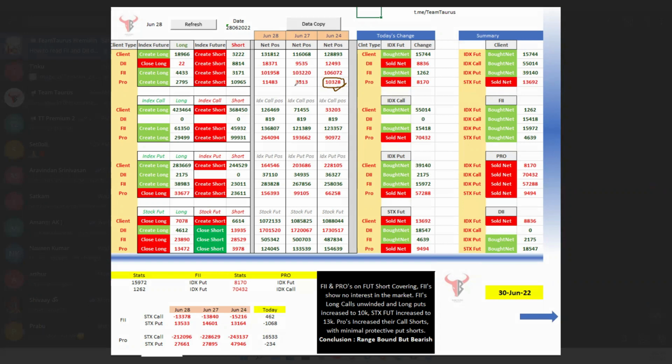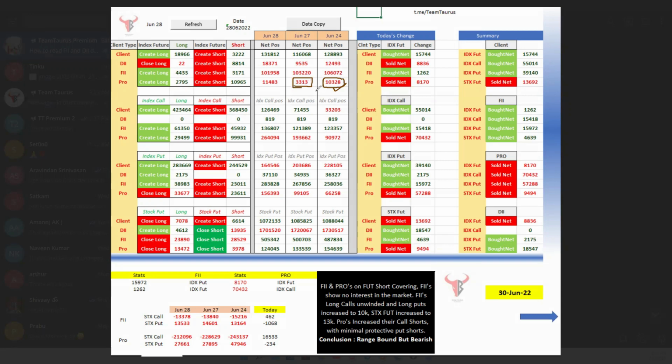Now on 27th, they have only 3,300 futures. So what did they do? They bought back part of what they were holding, which means they reduced their position from 10,000 futures short to 3,000 futures short, so nearly 7,000 futures were bought back.